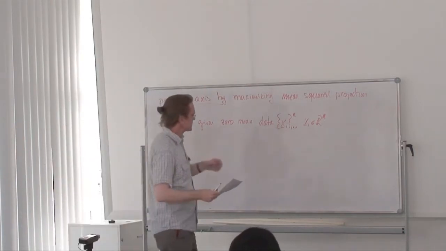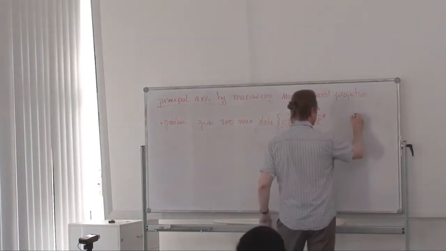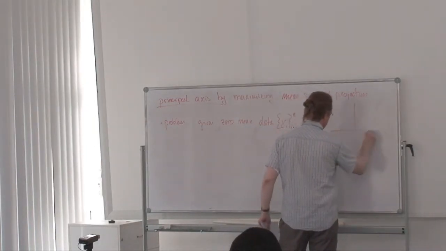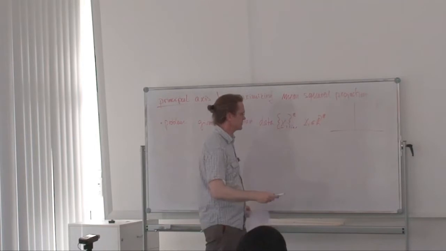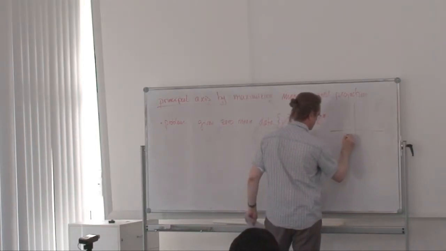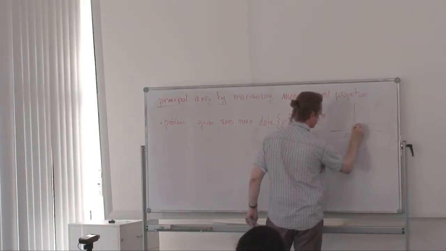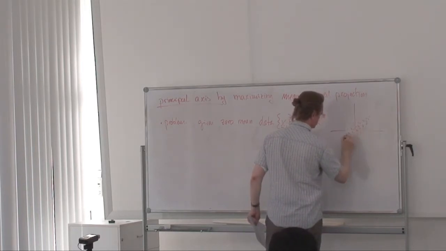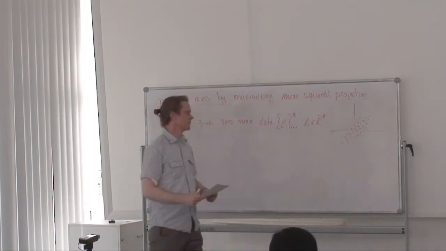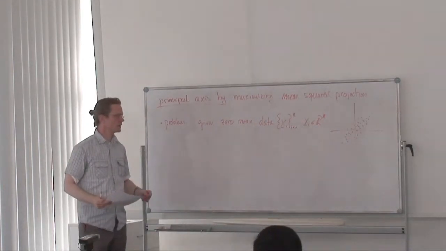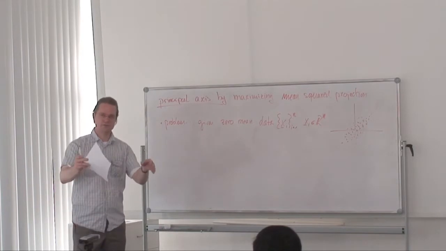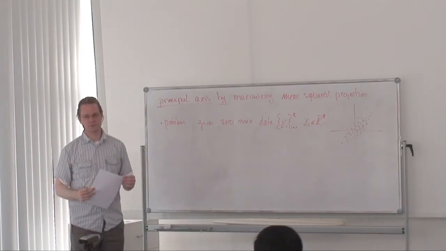We also said it is supposed to be of zero mean, and that means that the data we are given, let me draw it like this, has a mean that coincides with the origin of the coordinate system.